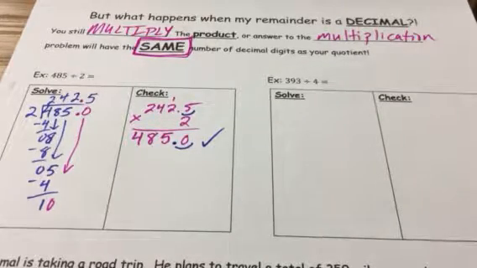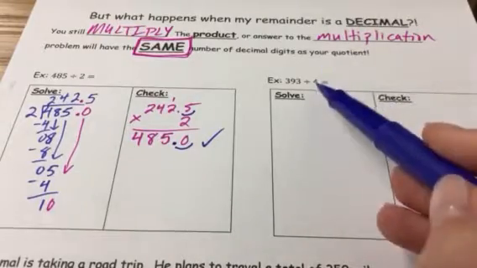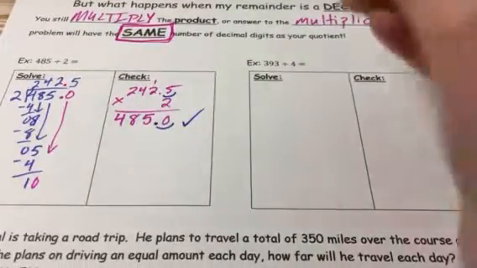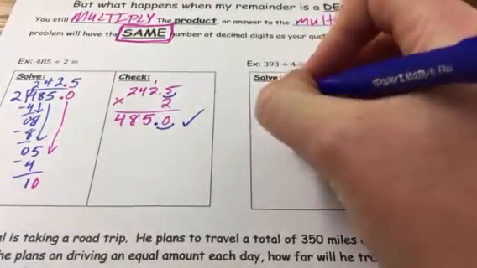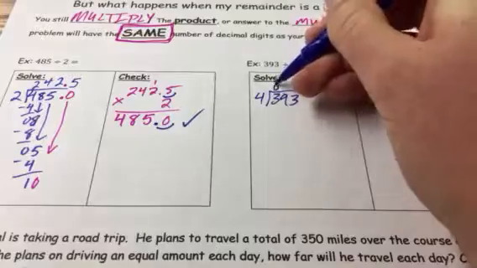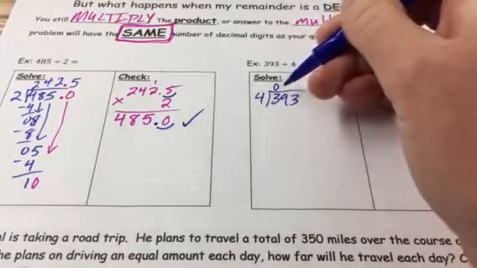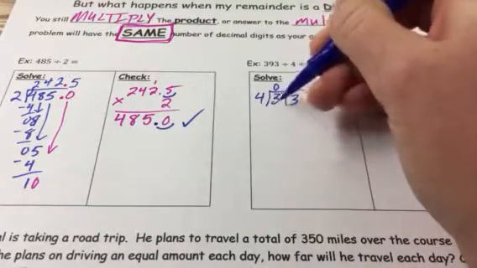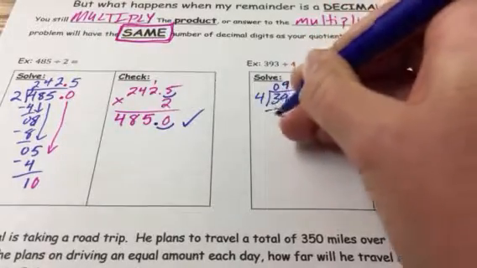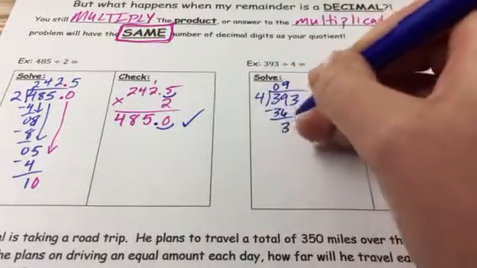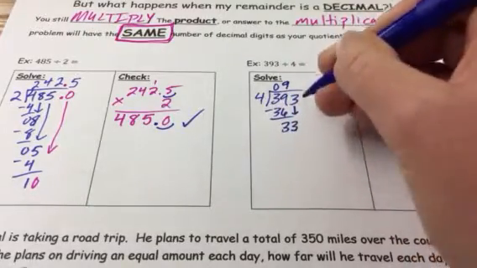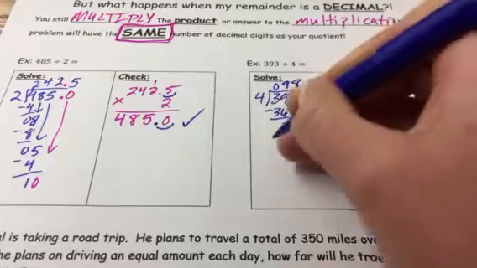Let's do another example where we might have 2 decimal places, so let's see what that would look like. 393 divided by 4. You use a 0 placeholder because 4 does not go into 3 any whole times. 4 goes into 39 9 times. I subtract 36. 3 left over, bring down the 3. 4 goes into 33, let's see, 8 times.